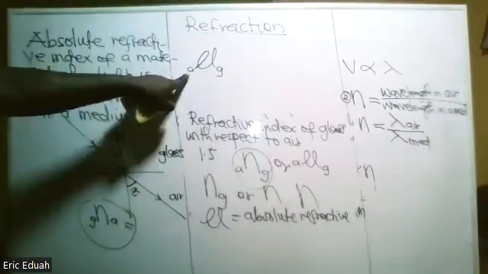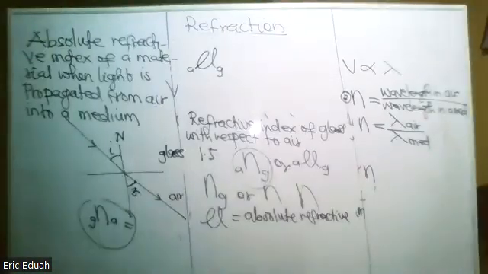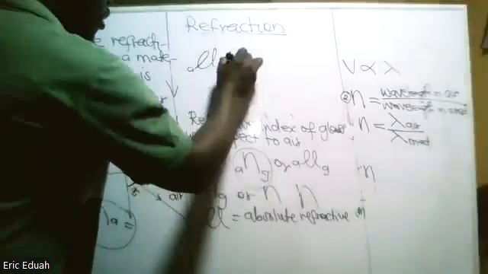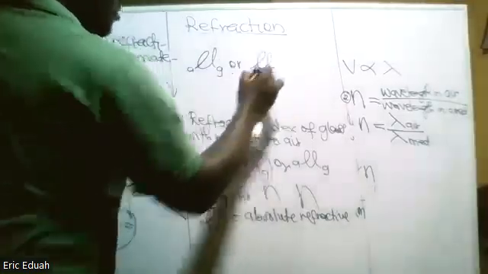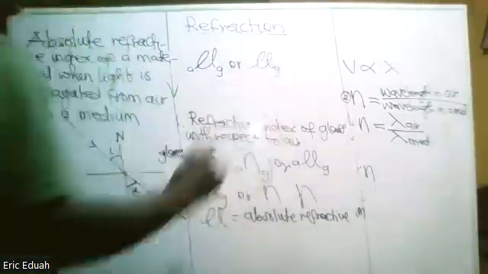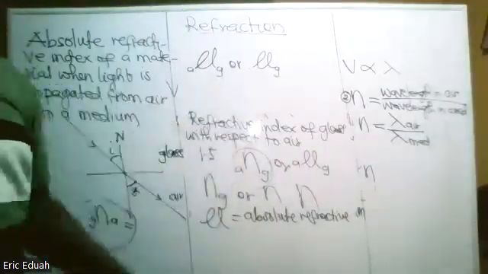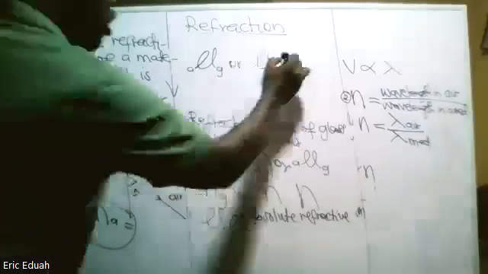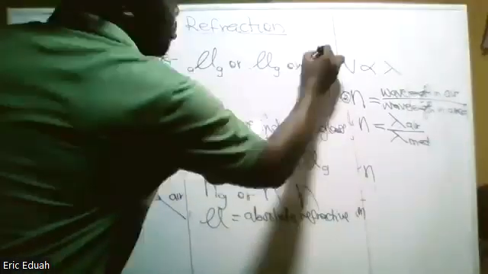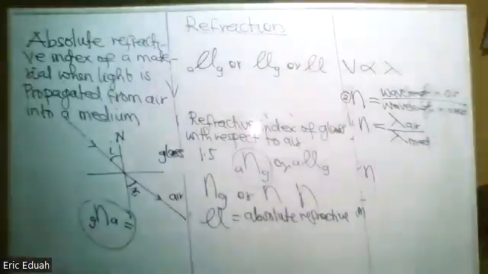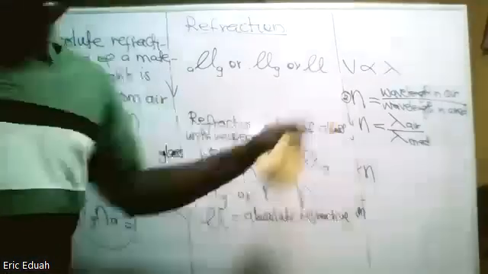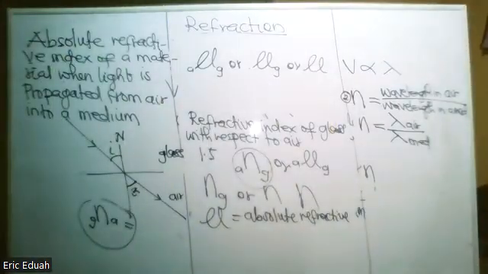Once the first medium is air, it's absolute refractive index. Or mu G. This one represents the absolute refractive index of glass. Or simply mu. All these three formations represent absolute refractive index. Are we okay?